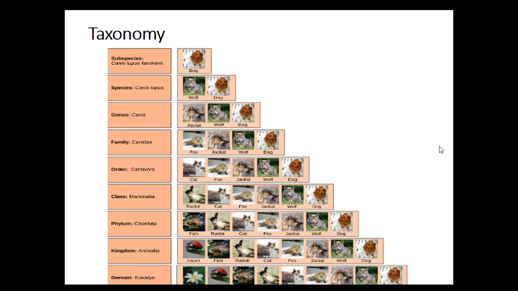So within the order Carnivora, one of the families is Canidae, the canines. So foxes, jackals, wolves, dogs, but not cats. They're in a different family, Felidae, which is the felines.